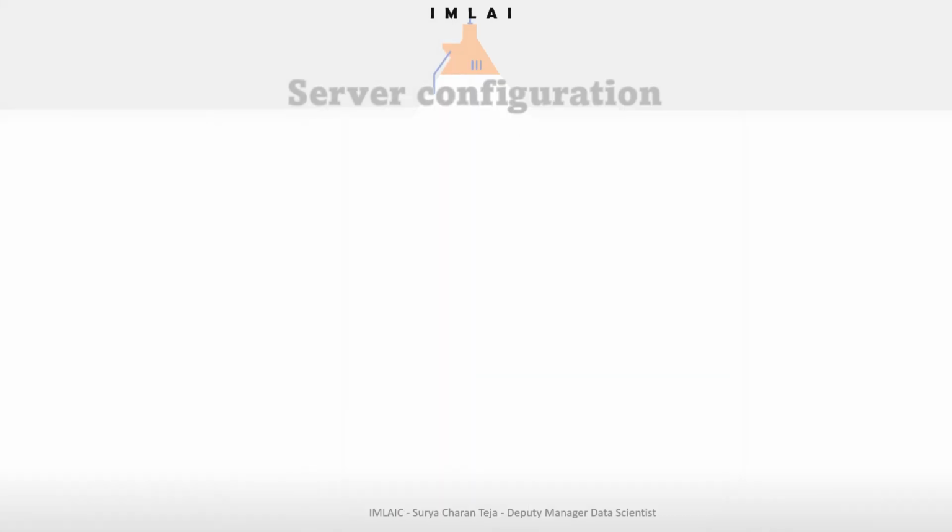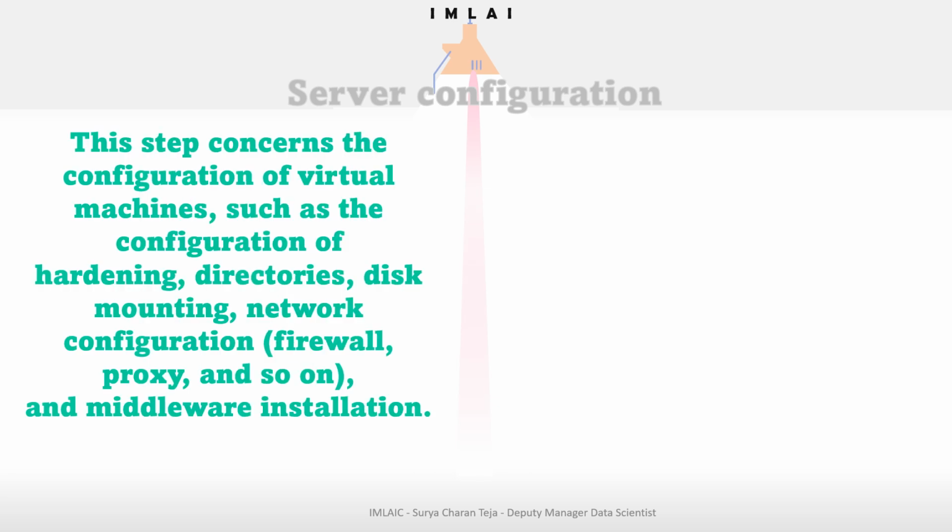So now let's look into server configuration. This step concerns the configuration of virtual machines, such as hardening directories, disk mounting, network configuration, nothing but firewall, proxy, and so on, and middleware installation.